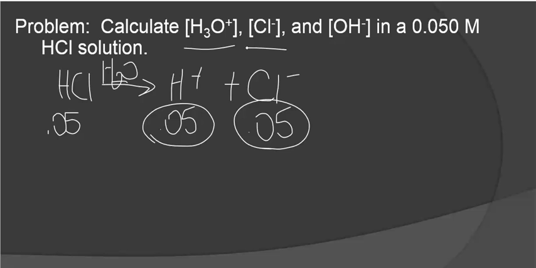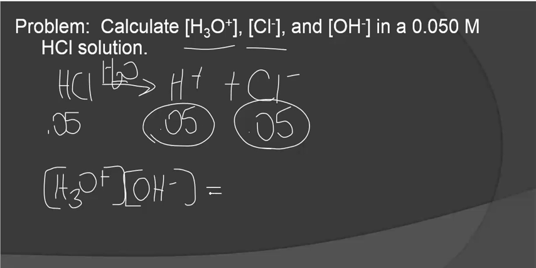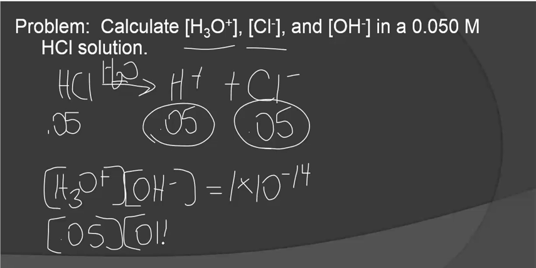Now I need to find OH. Well, I know if I take H3O times OH, that's equal to 1 times 10 to the negative 14th. That's a constant. So I plug in my H3O, which is 0.05, and that will allow me to find the hydroxide.